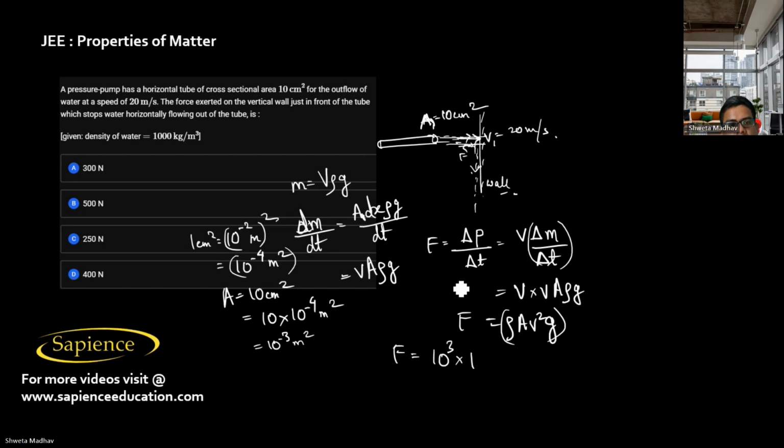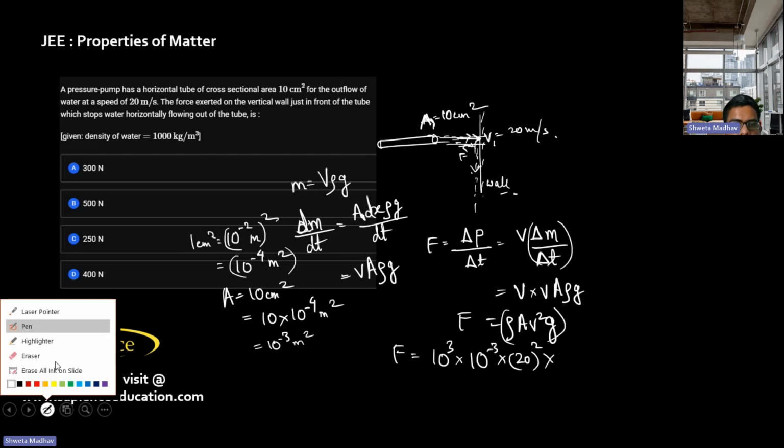So rho into 10 power minus 3 into V. V is 20, so 20 square into G. G is... no, sorry, it is volume into density only.